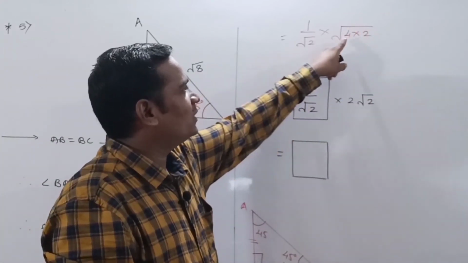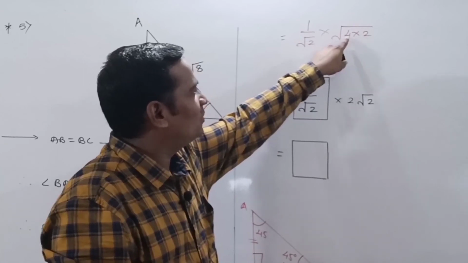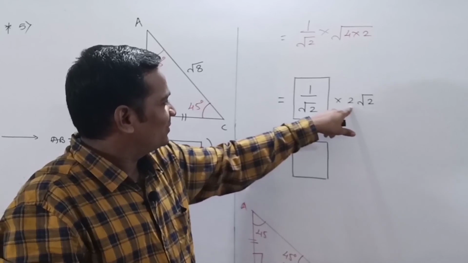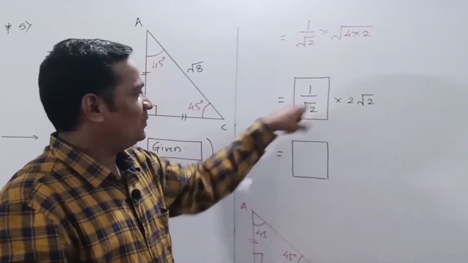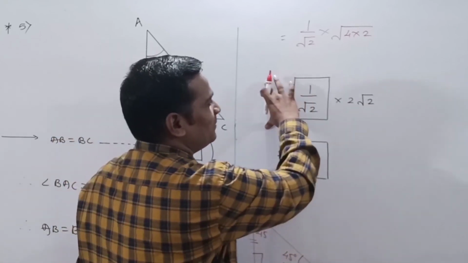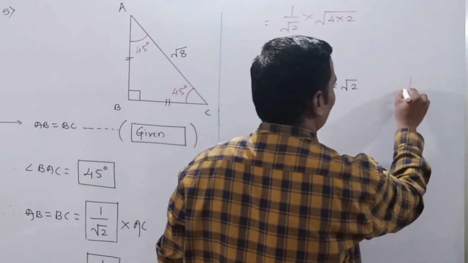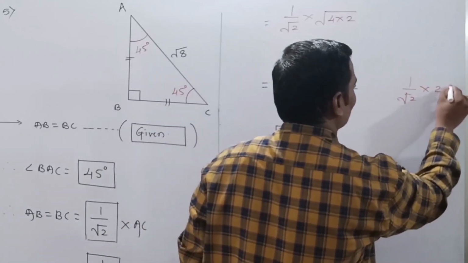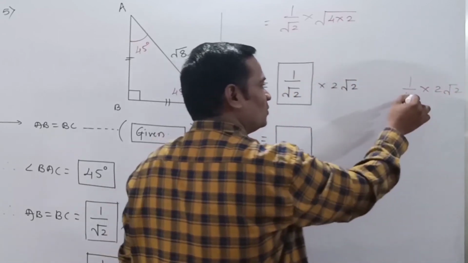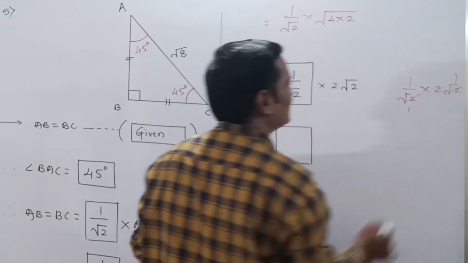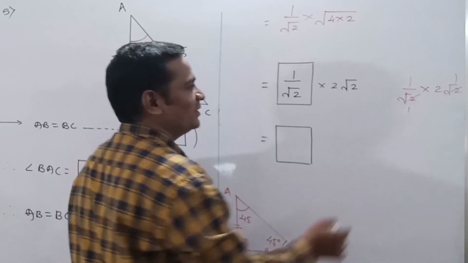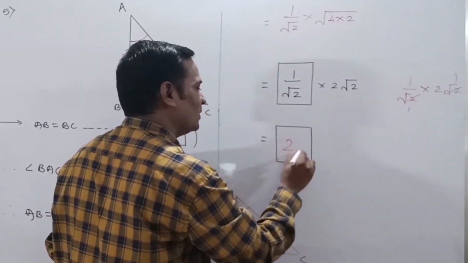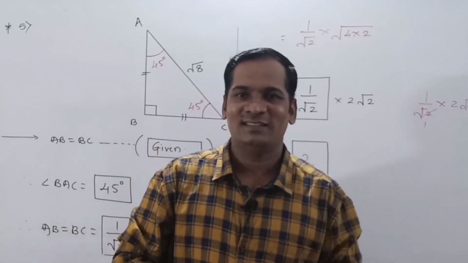Now we can take the square root of this 4, and the square root of 4 is 2, which is here. So let's divide this. 1 upon root 2 into 2 root 2. Root 2 ones are root 2, root 2 ones are root 2. Which are the remaining things? 2 ones are 2. This is the answer.